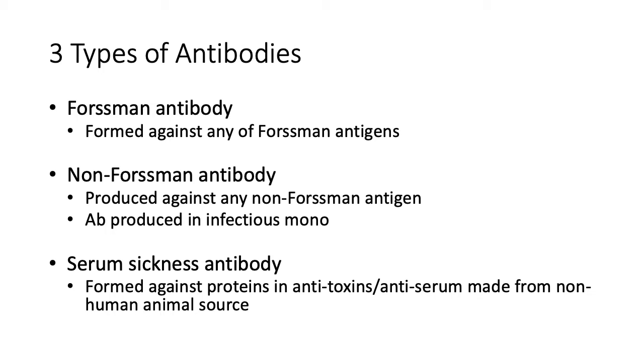Most tests for infectious mononucleosis rely on demonstrating the presence of heterophile antibodies of the infectious mononucleosis type, and ruling out interfering Forsman antibodies that can be present in other conditions. Serum sickness antibodies are formed against the foreign proteins present in antitoxins and antiserums made from non-human animal sources.